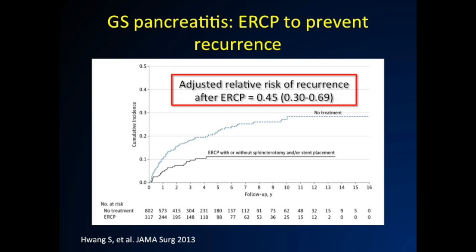Similarly, if you look at ERCP, and these are patients who were considered poor operative candidates, very long-term follow-up. If cholecystectomy is not an option, but they have gallstone pancreatitis clinically, if they get an ERCP, their likelihood of a recurrence is actually half.